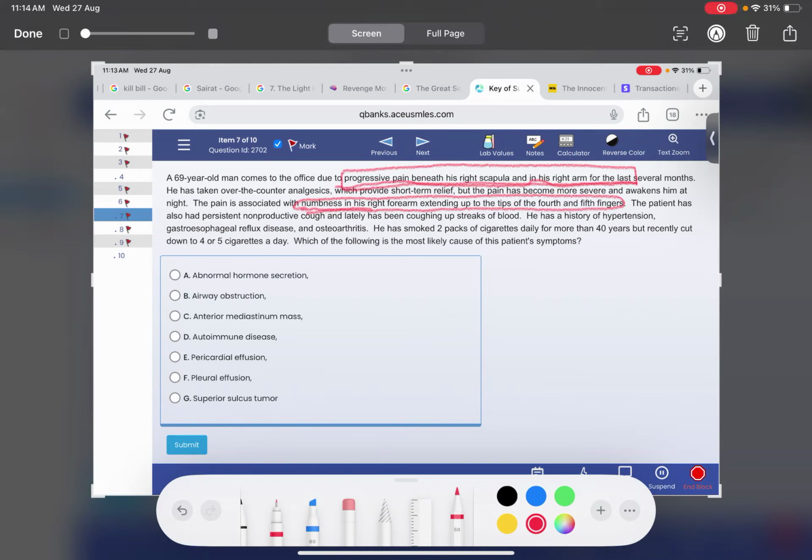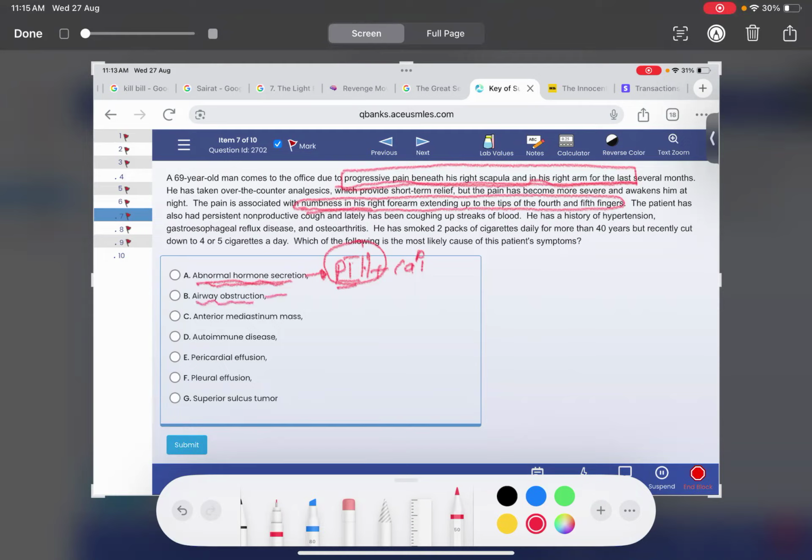Abnormal hormone secretion means it is secreting ADH or PTH. Any sign and symptom that is not pain is not present in this case. With PTH, you will be having hypercalcemia. So what about airway obstruction?